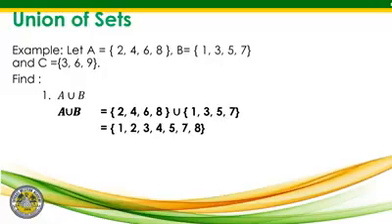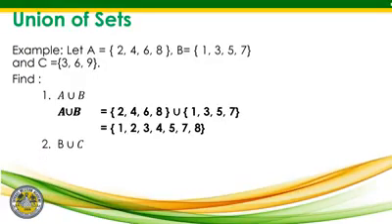Remember that when we say union of sets, it means it is the set whose elements are those which belong to set A or to set B or to both sets. So therefore, A union B is equal to {1, 2, 3, 4, 5, 6, 7, 8}.